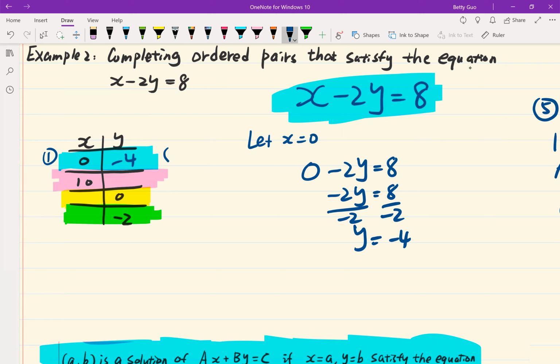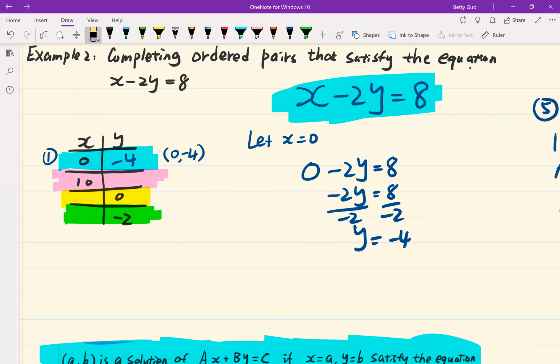We have a completed ordered number pair now, 0, negative 4. That is the solution of the equation, by the way. 0, negative 4 is the solution of the equation. If you plug in x equals 0, y equals negative 4, it satisfies the equation.